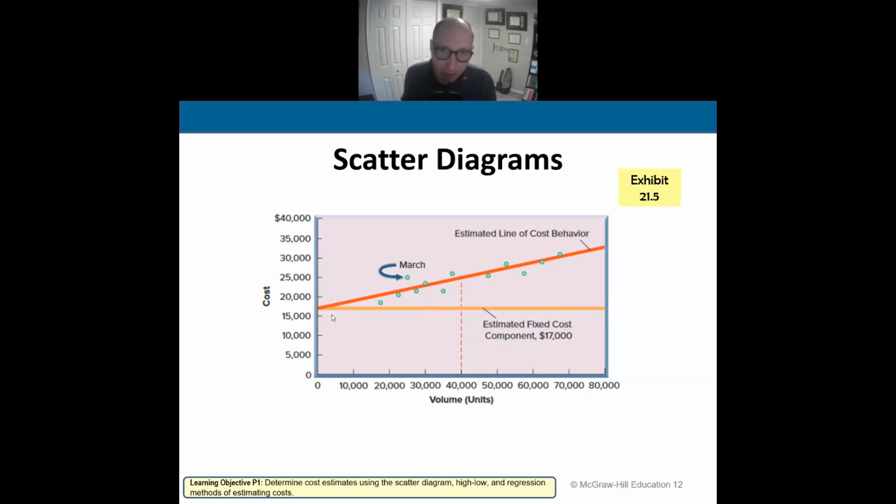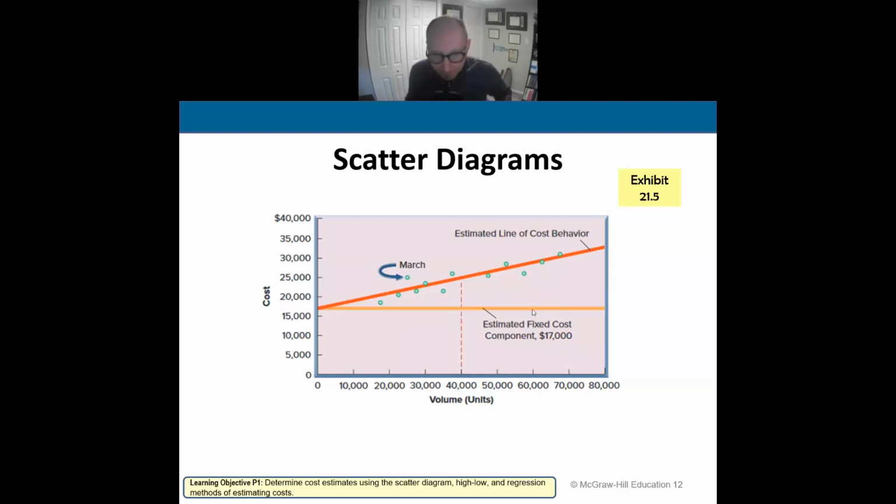Based on this scatter diagram, just looking at it, I can estimate my line of cost behavior. In other words, I can estimate my variable cost, where it's going to be in relationship to what actually happened in each month.